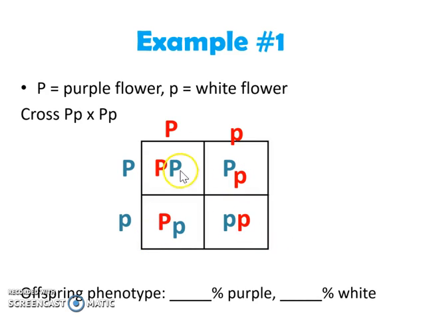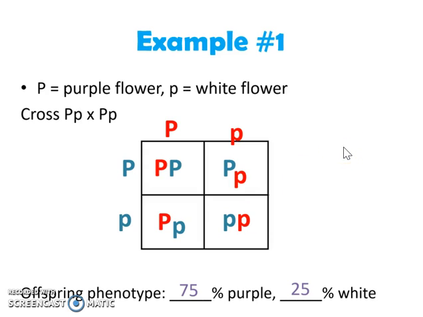We don't here. So 3 of these have a big P, so 3 of these will be purple. Remember, each square is worth 25%. We have 3 of them, so that means that they're 75% purple. And this one here will be white, so that will be 25% white.